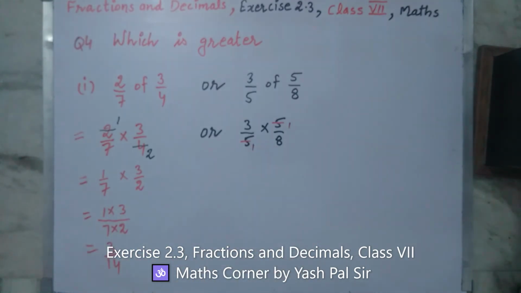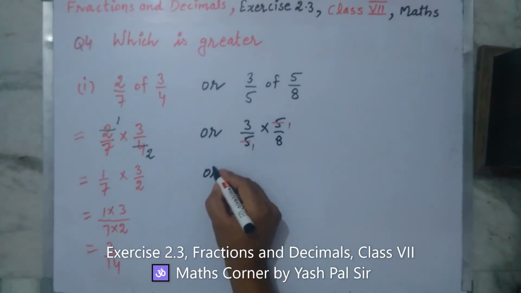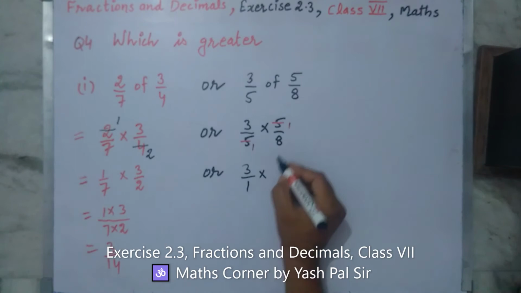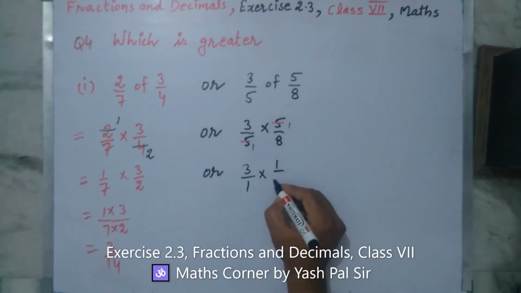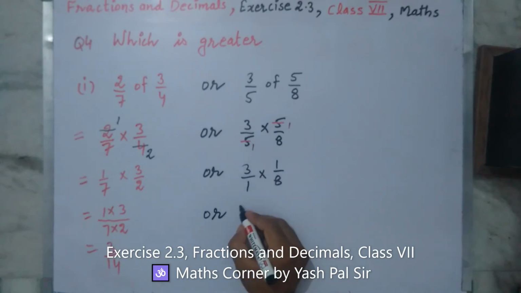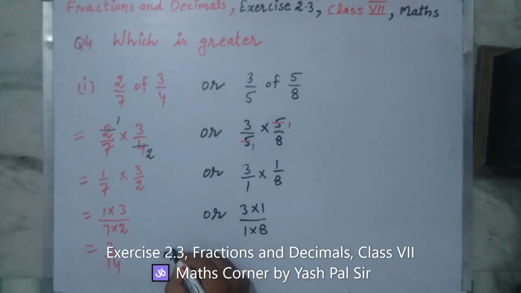So what can we write now? 3 upon 1 into 1 upon 8. So the answer is 3 into 1 divided by 1 into 8, which is 3 divided by 8. So which is greater?